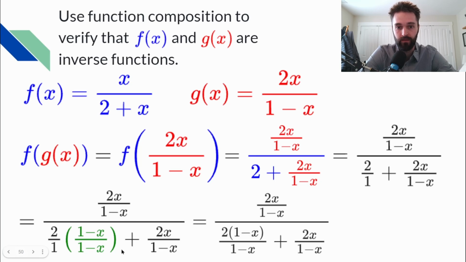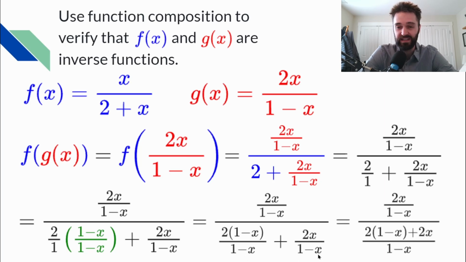And that gives us this. Now the denominators are the same, both of these fractions have a denominator of 1 minus x. So we can condense them into one fraction. And it gives us 2 times 1 minus x plus 2x all over 1 minus x. And that is the denominator of our complex fraction.